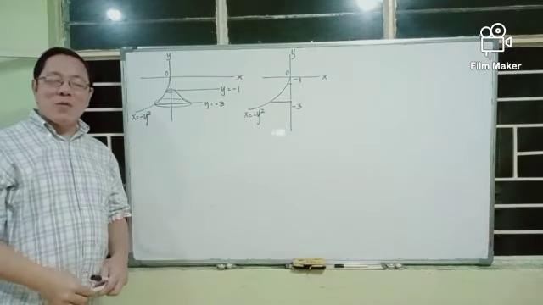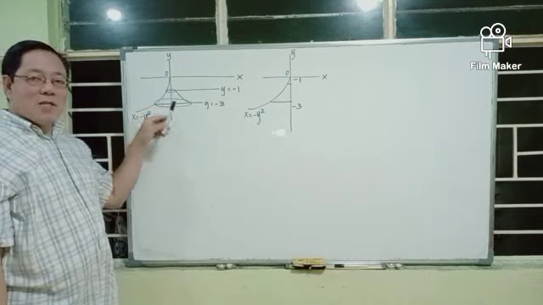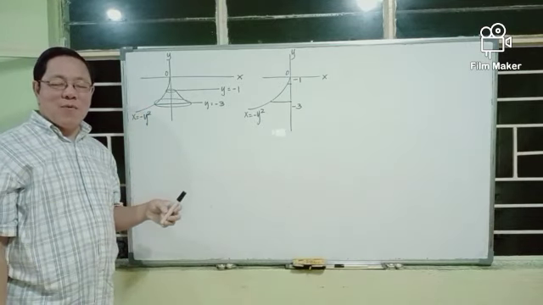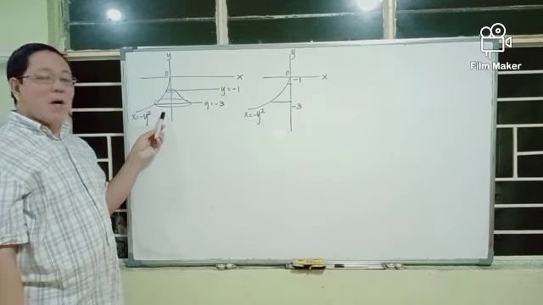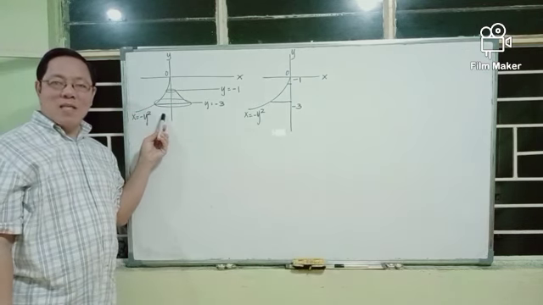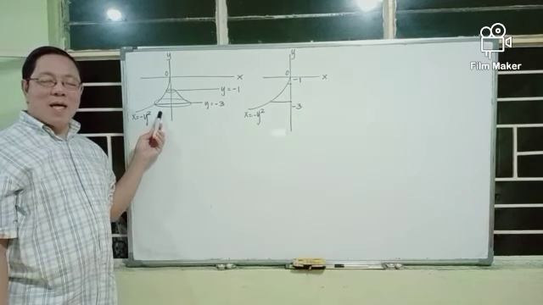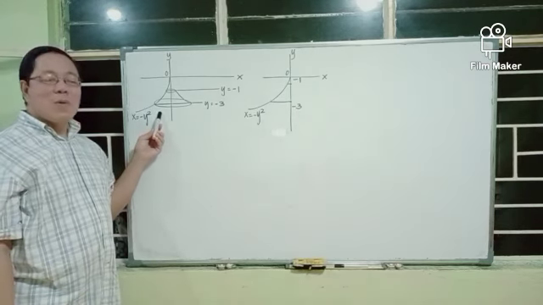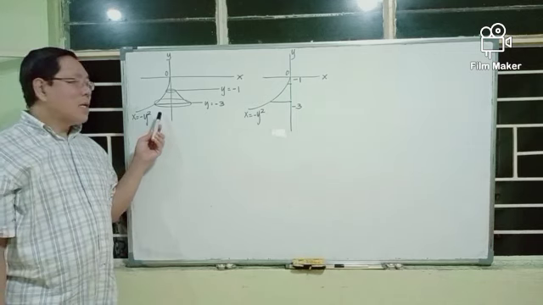And the solid that would be generated by revolving this shaded region about the y-axis is a solid that more or less will look like this. And we will find the volume of this solid by this method.